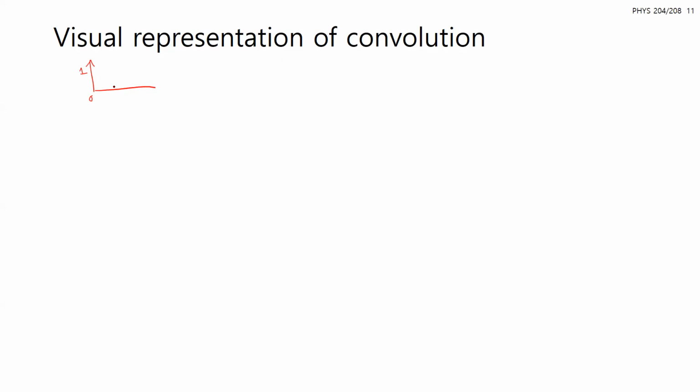And to keep it simple, it's all contained between values of 1 and 3 on the x-axis. So this is going to be our F2, a Gaussian function.